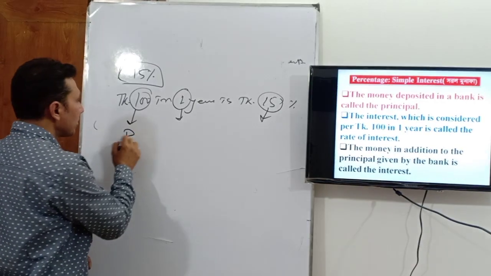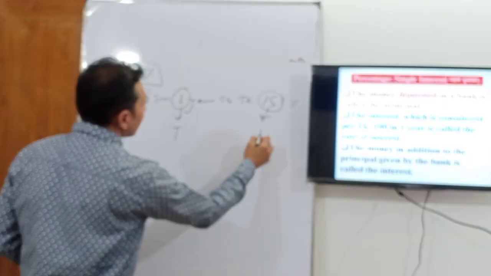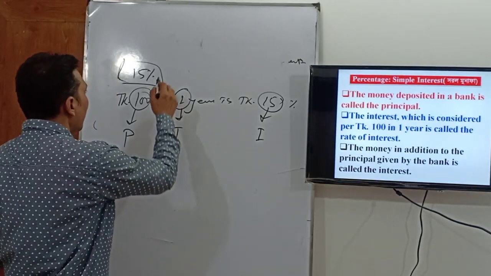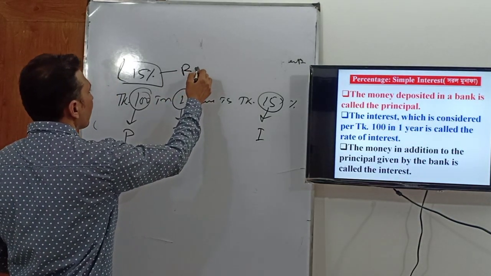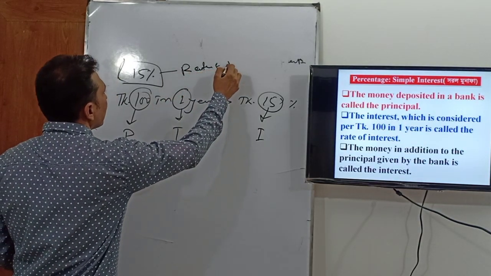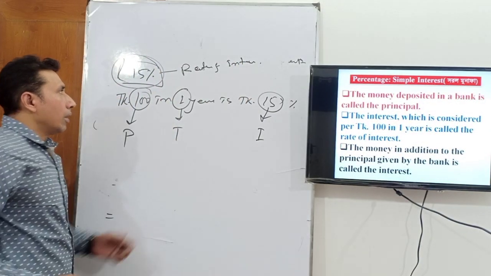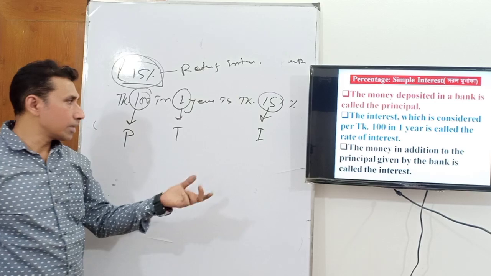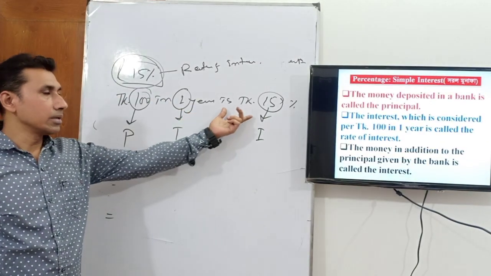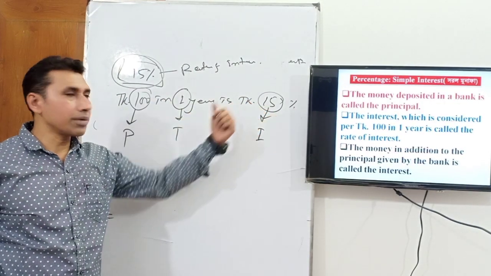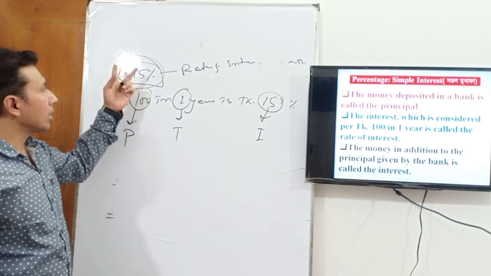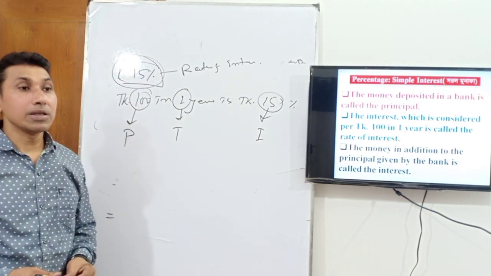Okay, principal, time, this is the interest, and it is called the rate of interest. Okay, so 15% equal to, that means 100 taka in 1 year, the interest is taka 15. It is the meaning of 15% rate of interest.